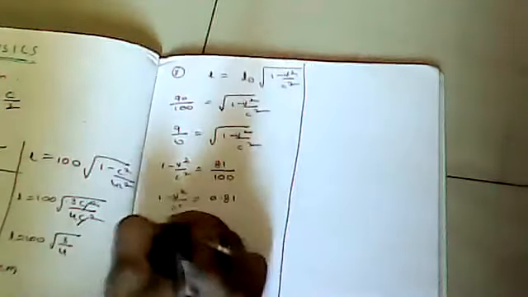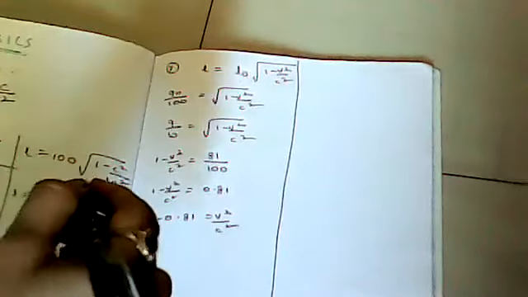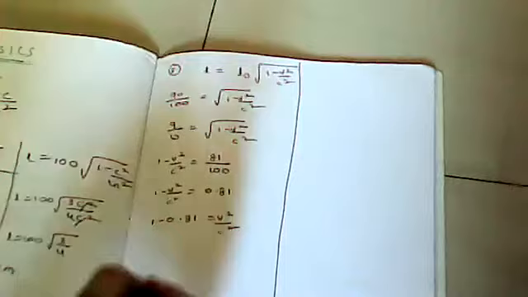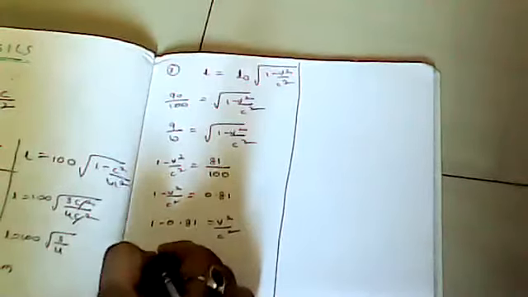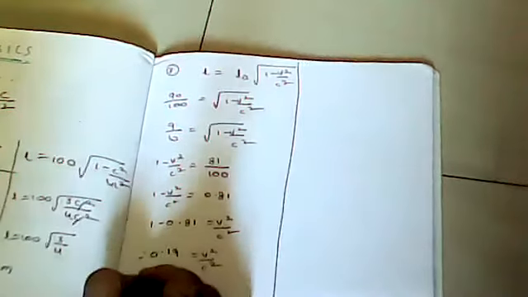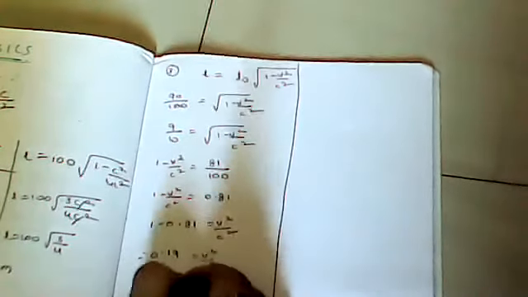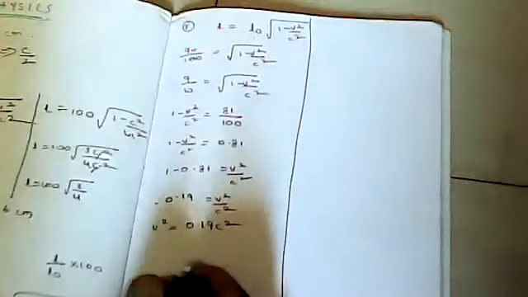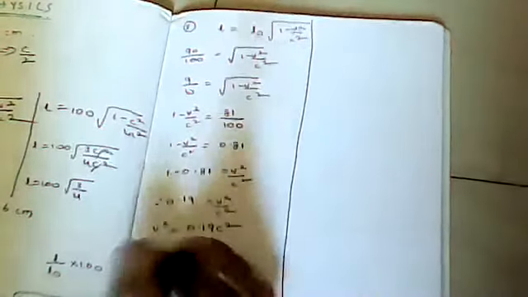So 1 minus 0.81 is equal to V square by C square. What we get here is 0.19 is equal to V square by C square, so V square is equal to 0.19 C square. You calculate on your side, and I'll calculate along with you.